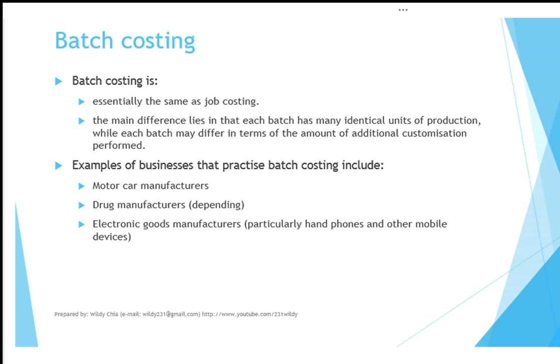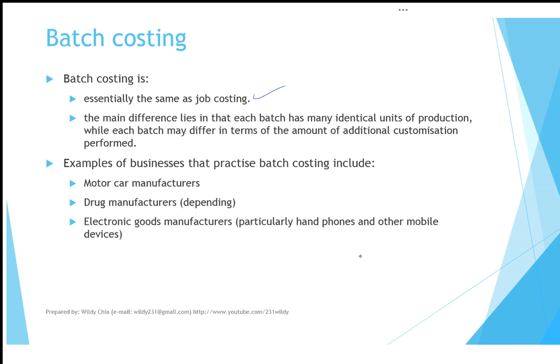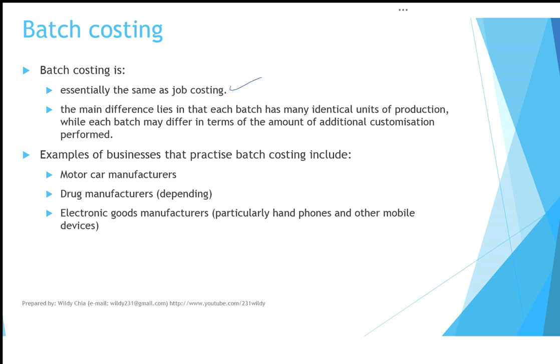Batch cost is essentially the same as job cost. In some books, job cost is taken as the same as batch cost. So instead of saying job cost and batch cost, you may see that some books only refer to job cost, and it's assumed that batch cost is a part of job cost.